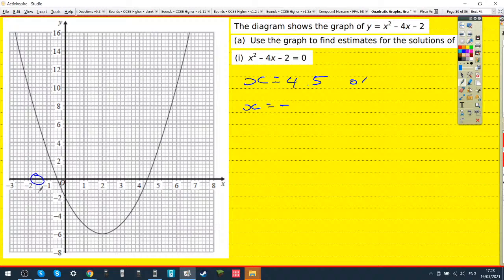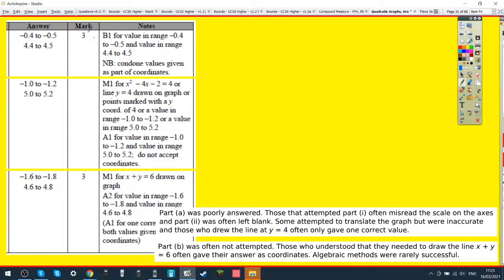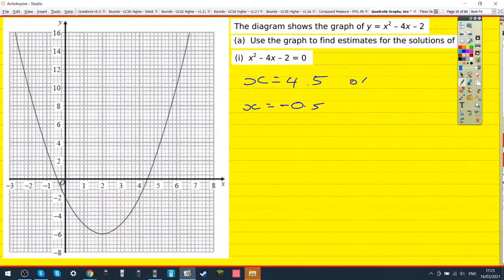So that's here. This is like minus 0.8. And I'll just guess minus 0.5. If it was on paper, it'd be easier to see. There we go. Minus 0.5 and 4.5. And they give you a bit of leeway. That's it.